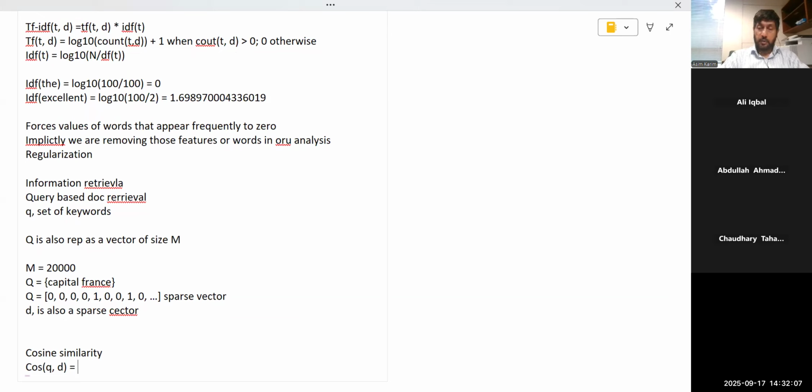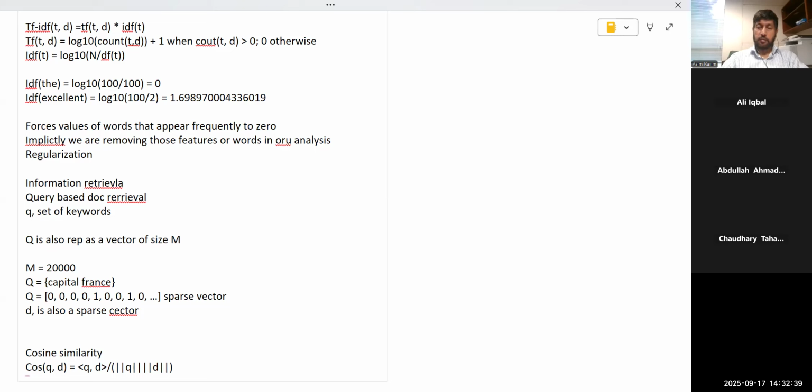It's basically Q is a vector and D is also a vector of the same size. We take the inner product, and of course in the denominator, the lengths of the two vectors.